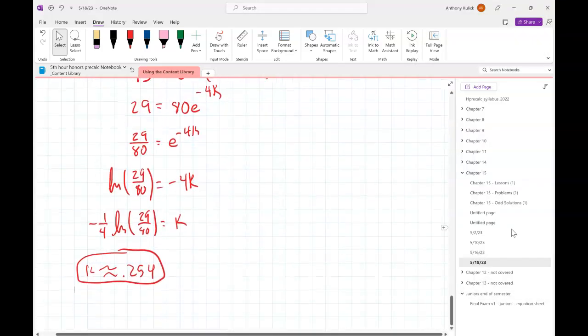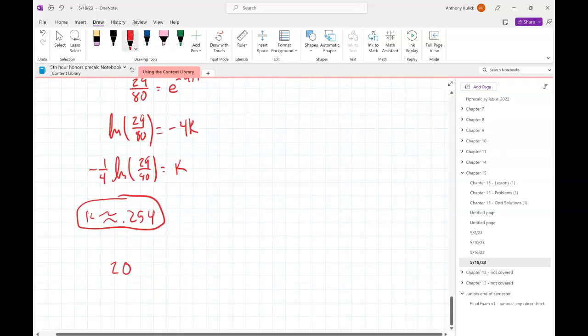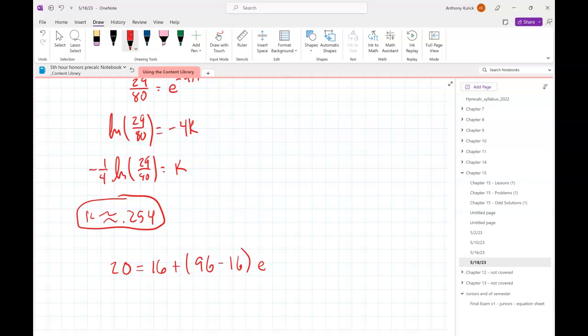It's just a little easier to do it that way than to have to restart it. And I'm just going to write that as K here rather than write the decimals.